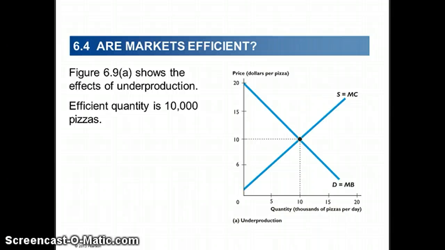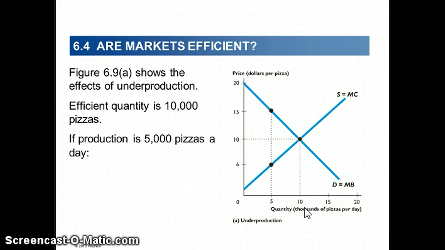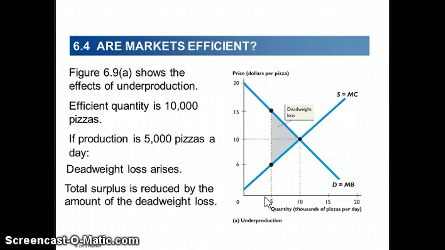And we have the same curve here. 10,000 pizzas is the equilibrium quantity, but if production is 5,000, a deadweight loss arises, and the total surplus is reduced by the amount of that triangle, the deadweight loss.